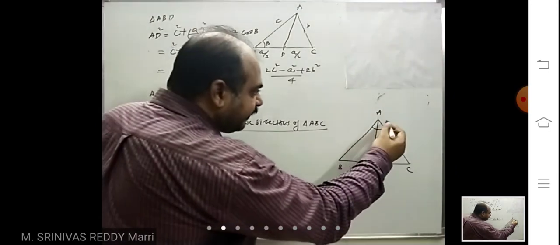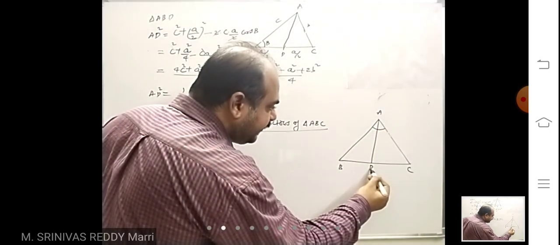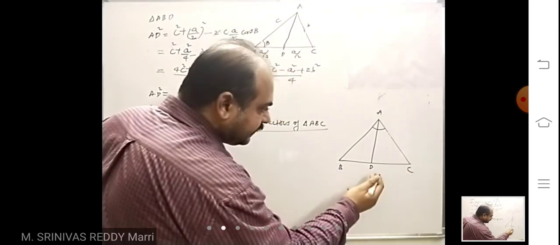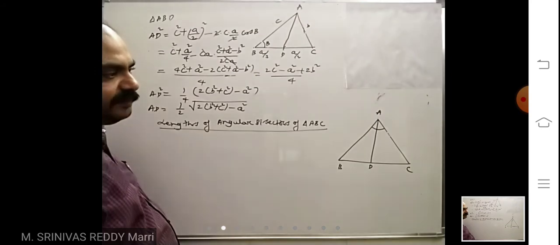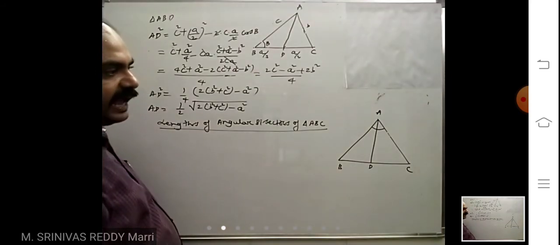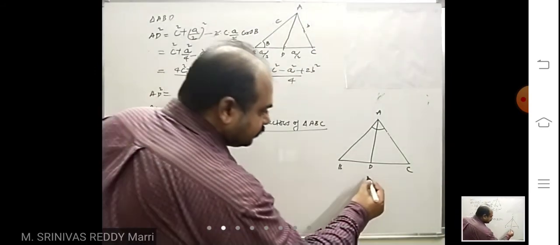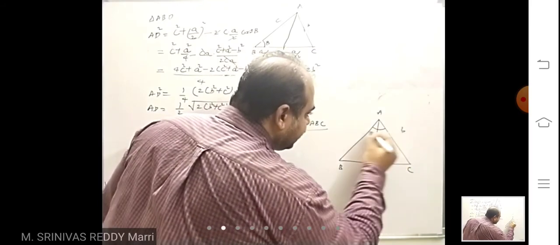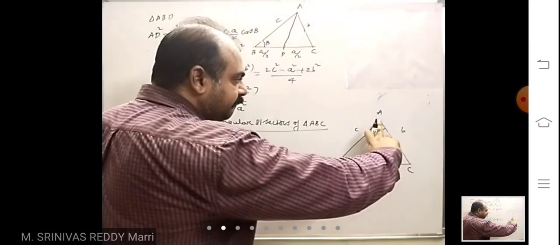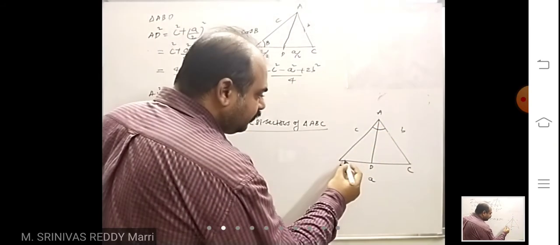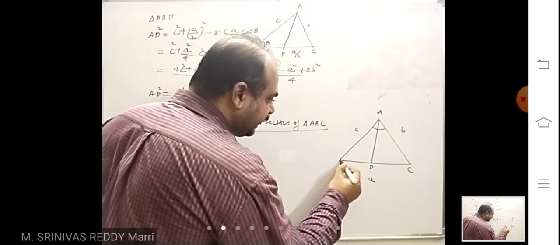Where this angular bisector meets BC, let us say it is D. Now AD is called the length of the angular bisector bisecting angle A. This is side A, this is side B, this is side C. Now look, through B I am drawing one angular bisector.